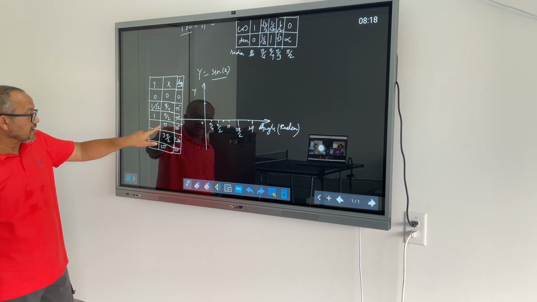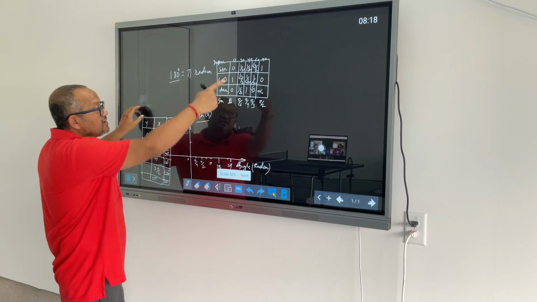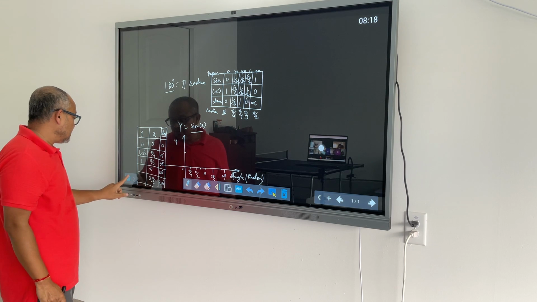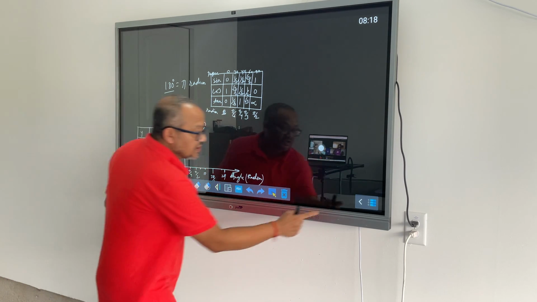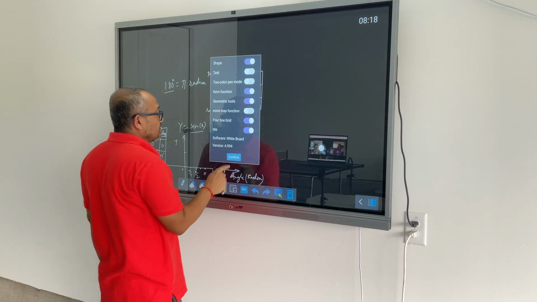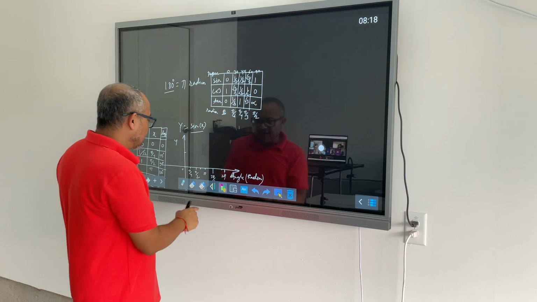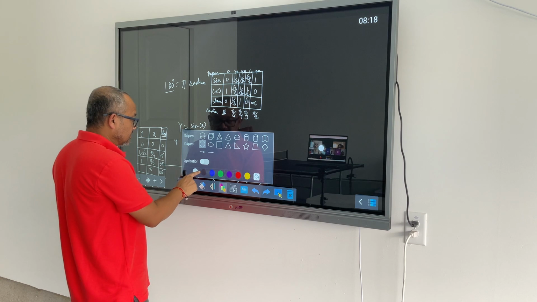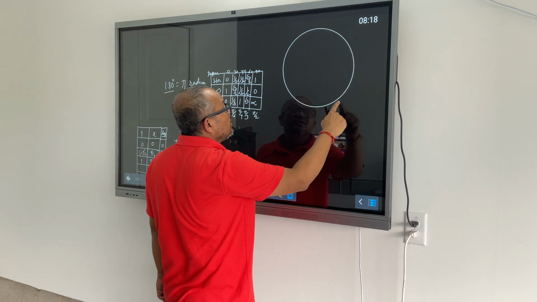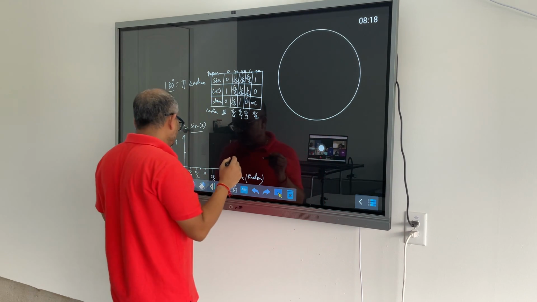Sine pi, 180 degree. That is not there in this table. Now we need to recollect what we have learned with respect to the unit circle, and you will see the application of unit circle concepts here. So let me draw this unit circle here, and we will use this for reference.